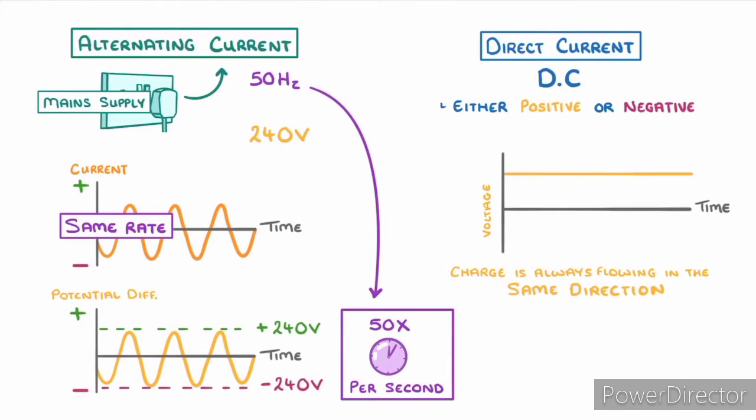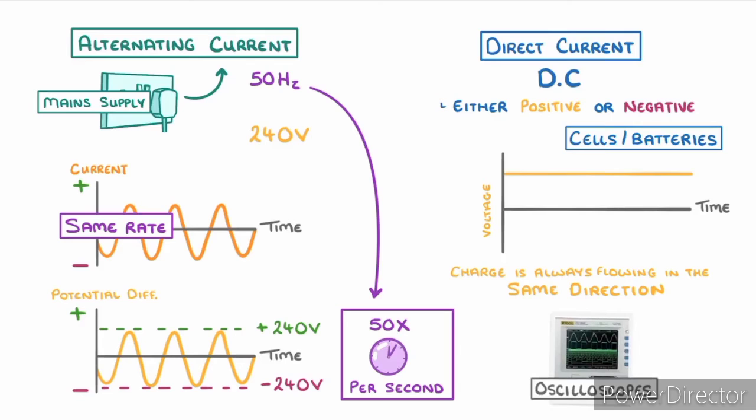So the charge is always flowing in the same direction. We find direct current in things like cells and batteries, like those in your phone or a calculator. The last thing we need to cover is that in order to get these potential difference versus time graphs, we use devices called oscilloscopes, which display the graphs on a monitor.